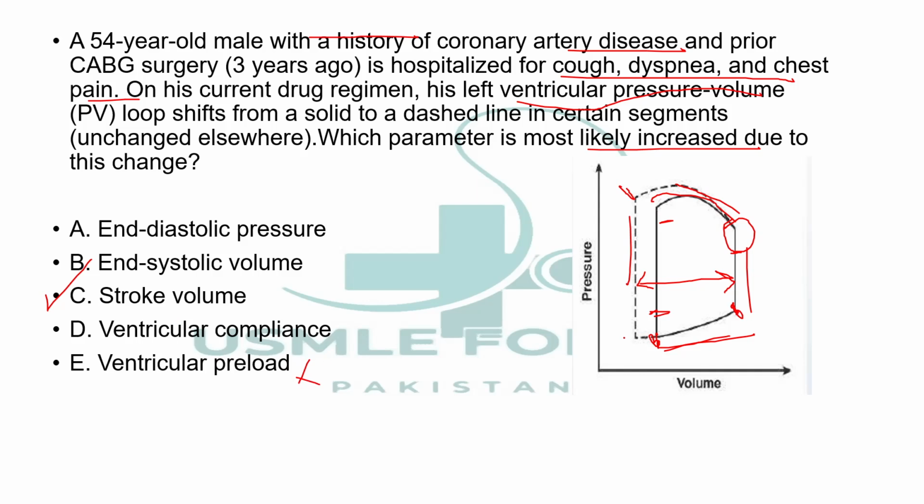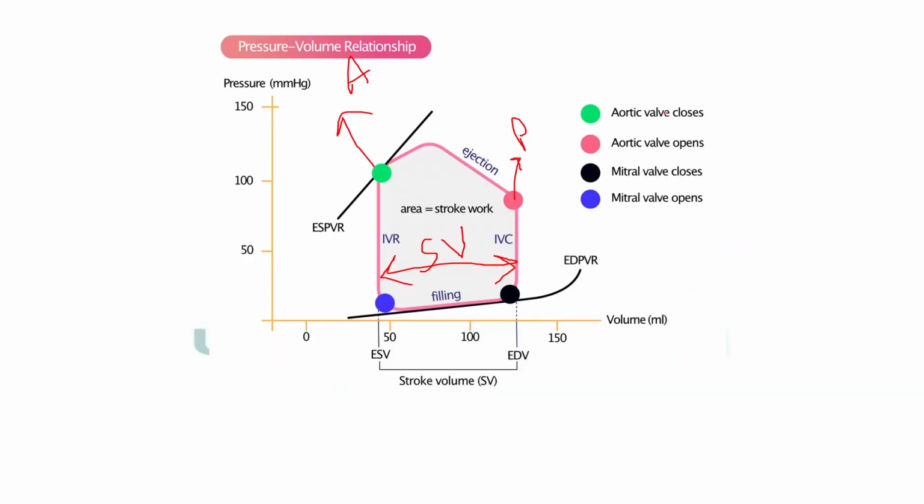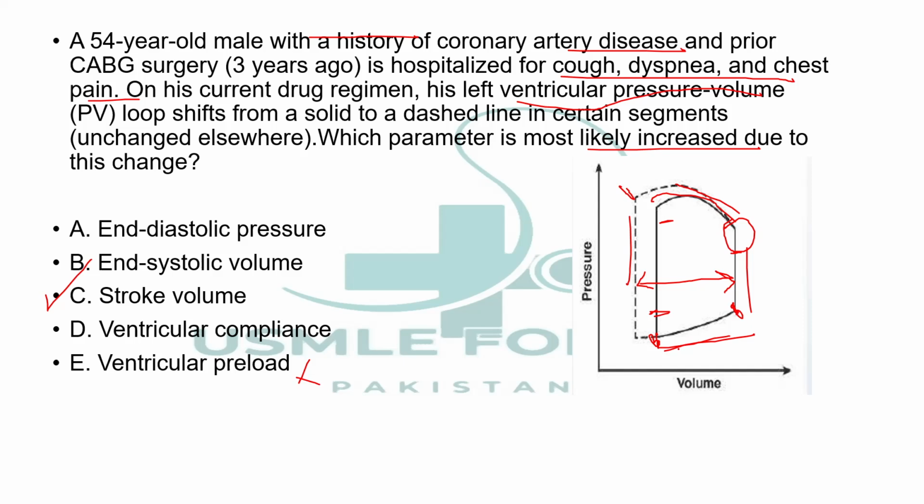Ventricular compliance. Now compliance is basically this curve right here. Basically, this shows the change in the pressure with the change in the volume. So less volume and more pressure equals less compliance.